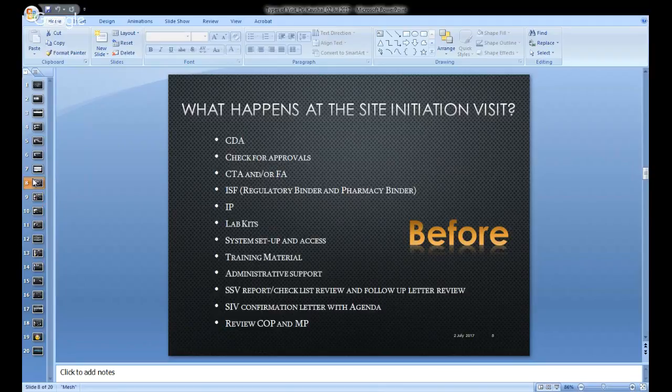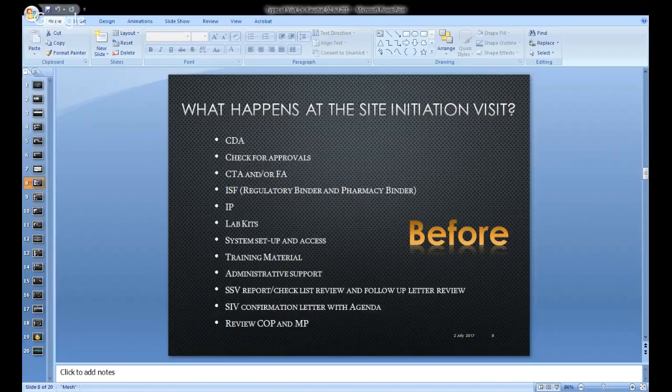Now, are the CTA and the financial agreement different? Are they the same? Yes, the financial agreement becomes a part of your CTA.